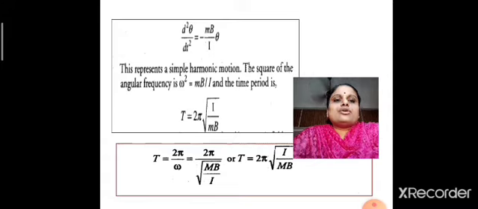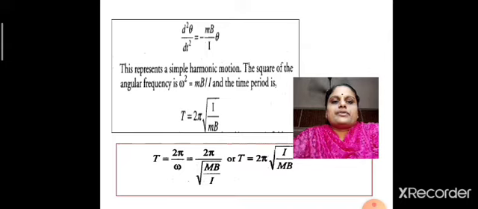Comparing the value of omega square from both the equations, we get omega square is equivalent to mB by I, or omega is equivalent to square root of mB by I. Time period T is given by 2 pi by omega. So 2 pi divided by square root of mB by I, which is equivalent to 2 pi into square root of I by mB.